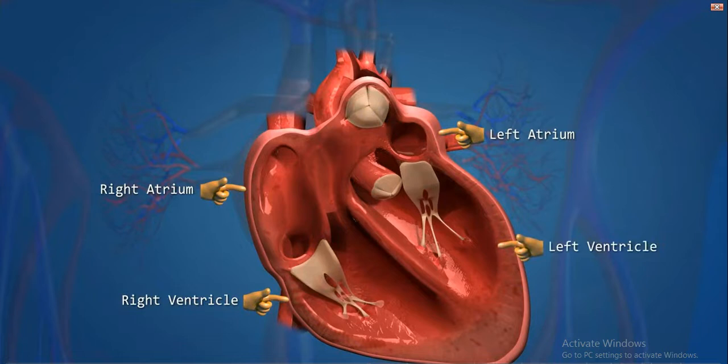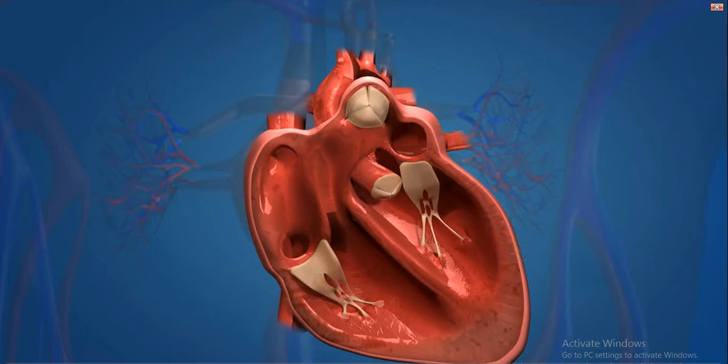Then you identify that there are four types of valves. Mainly identify two types of valves here. These valves are very important to transport the blood inside the heart. This is a one-way valve, a one-way path to control the blood flowing to one side.